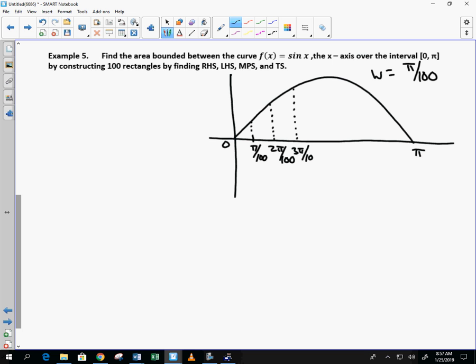Now, we can't really do all of those, can we? How about this? What would the second to the last one be? 98 pi over 100, and then 99 pi over 100.